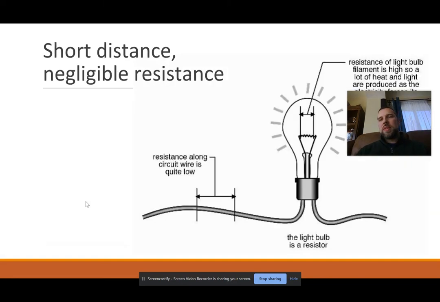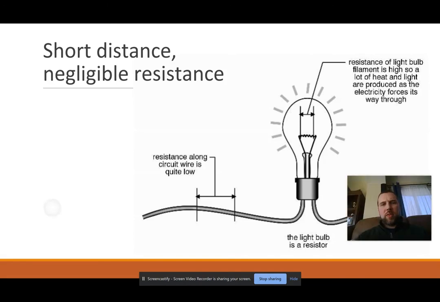Typically in circuits as we deal with them, the wires themselves do have a tiny bit of resistance, but really not much. So it's really over those short distances, they're fairly negligible. They're very, very low.